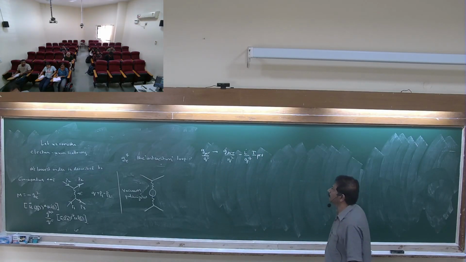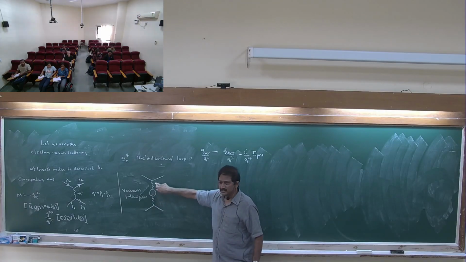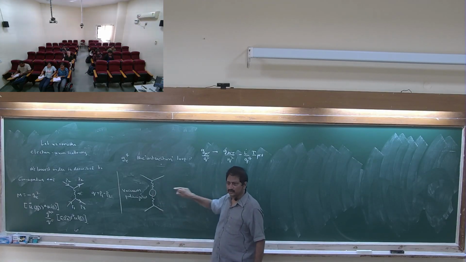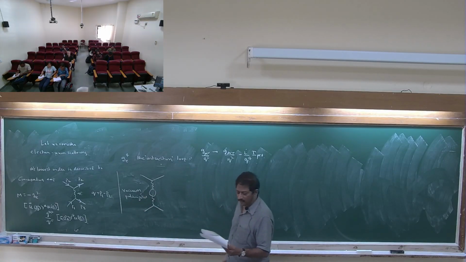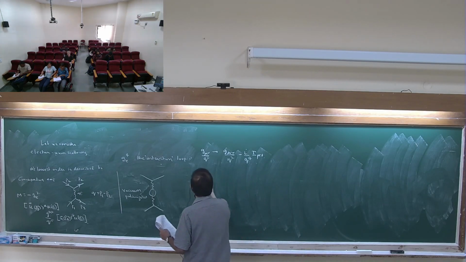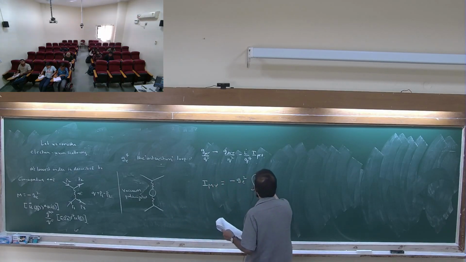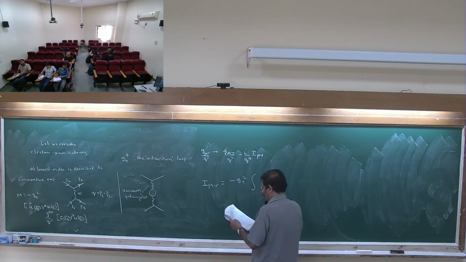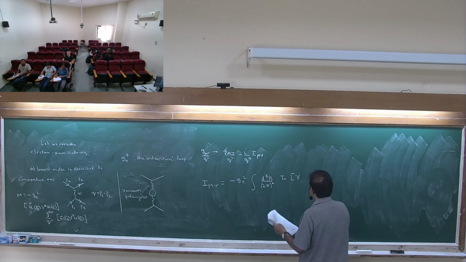Why q to the 4? Because there are two internal lines now, two propagators, each of them q squared, okay? And this I_μν is something that is associated with this, which we have to say what it is. So I_μν is equal to minus g_e squared integral d^4k over (2π)^4 times trace of γ^μ.